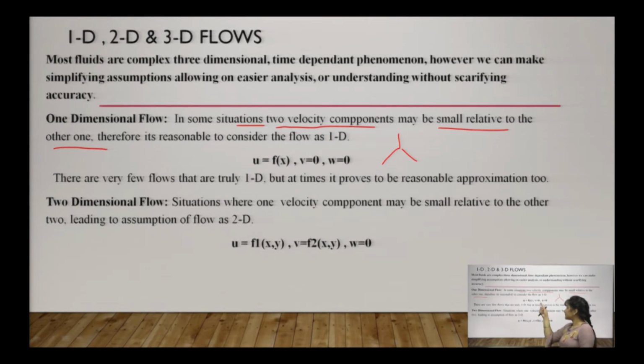When we see that the values of v and w, that is the velocity components in the y axis and z axis, are negligible with respect to the velocity component in the x axis, in such cases the other two velocity components are neglected, and that particular type of flow can be considered as one dimensional flow, keeping that u is a function of x, that is the horizontal distance covered in the x direction.